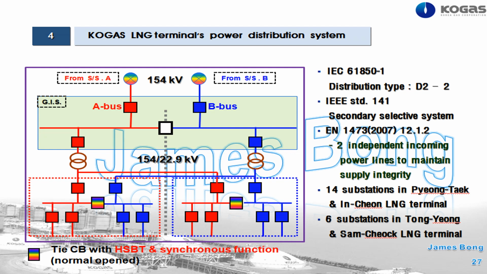As I said, this is not the perfect system, but we chose this and think it is more suitable for our LNG plants. A few years ago, we installed HSBT at all LNG terminals. This function is really useful and has extremely high reliability. I strongly recommend this device for LNG plants.